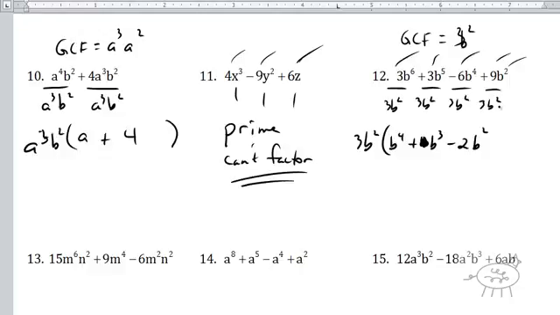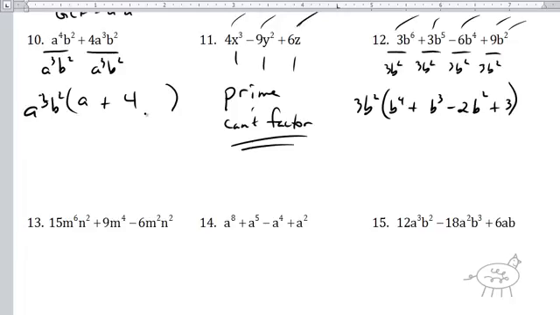And then the b squareds cancel, and I just get plus 3. That's it. So 3b squared times b to the 4th plus b cubed minus 2b squared plus 3. Okay, so we'll get rid of that little mistake over there. All right, not bad. Let's keep going here.